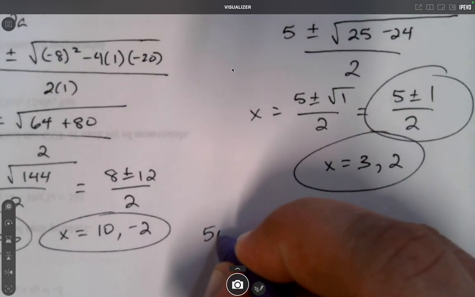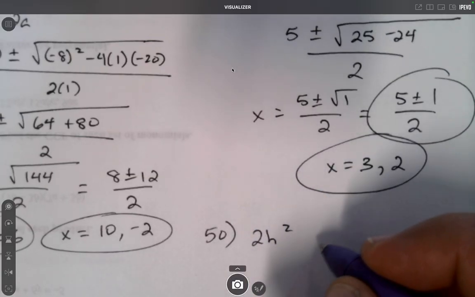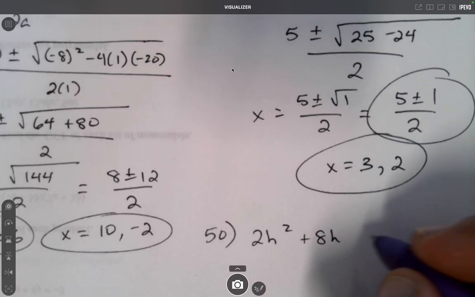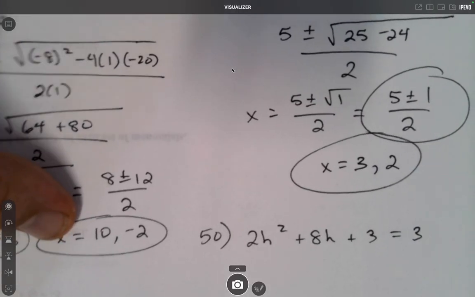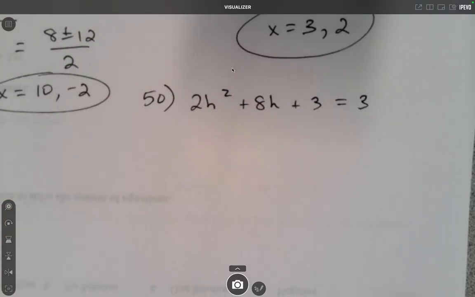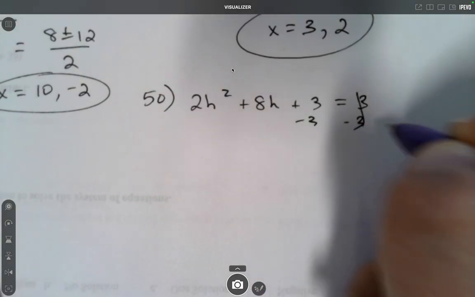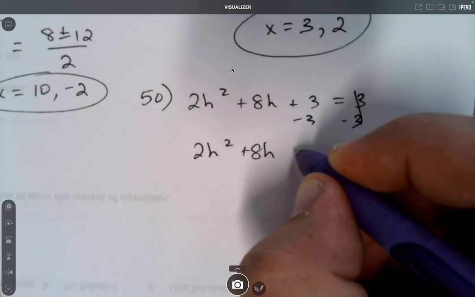Okay, last one. 2h squared plus 8h plus 3 equals 3. We want this in standard form, so we need this to be 0, so we'll subtract 3 from both sides, giving us 2h squared plus 8h equals 0.